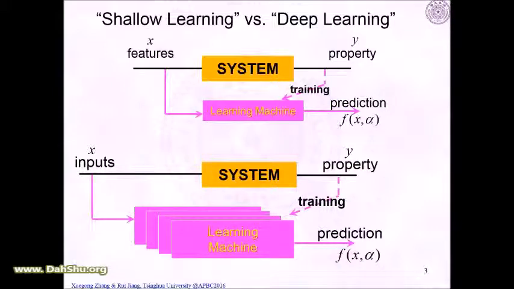So we use multiple layers of learning, or multiple compositions of the learning machine, to find not only the classification, but first we want to learn the representation of the data. From the representation we get the features, and then we can do machine learning on that. So this is what deep means to me.